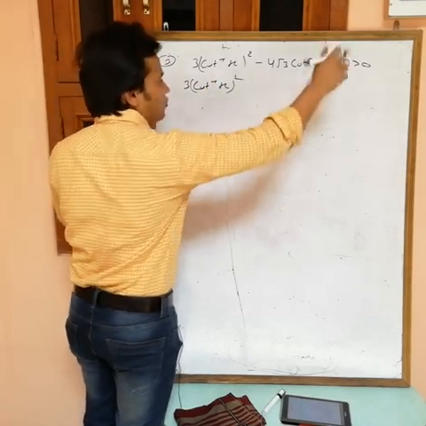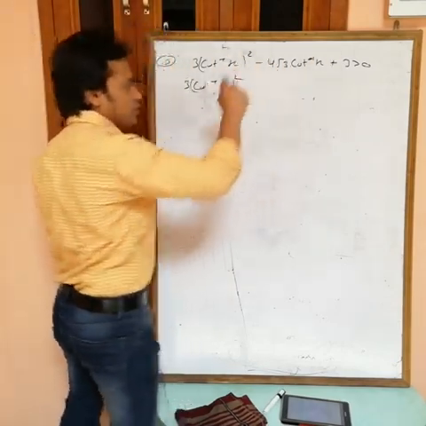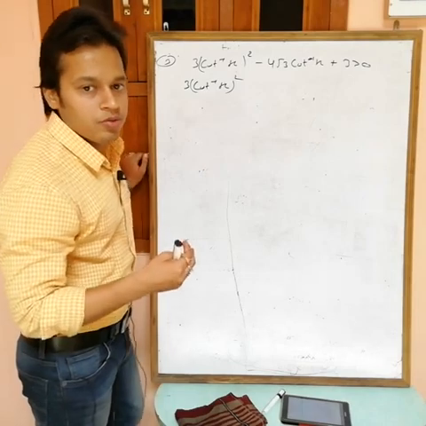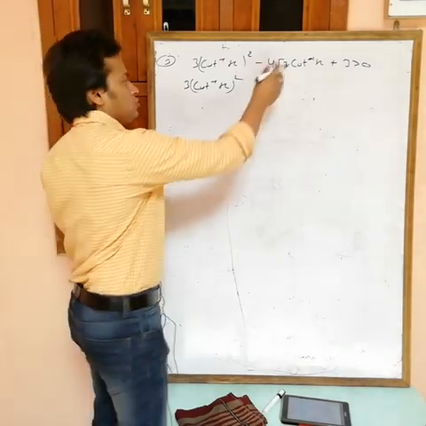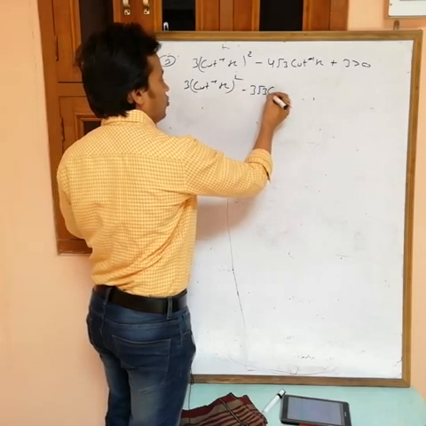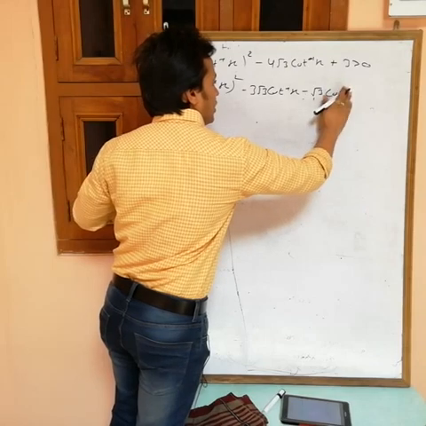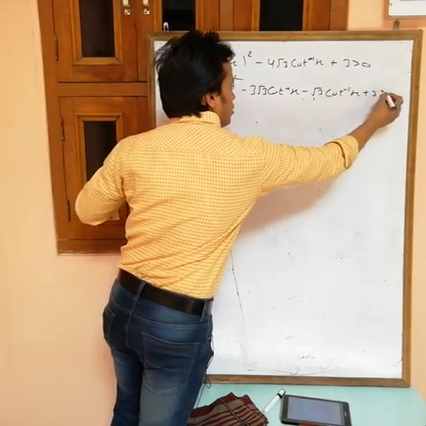Now we want two numbers such that the product is 9 and the sum is −4√3, that is −3√3 and −√3. So break this into parts: −3√3 cot inverse x and −√3 cot inverse x, plus 3 greater than 0.